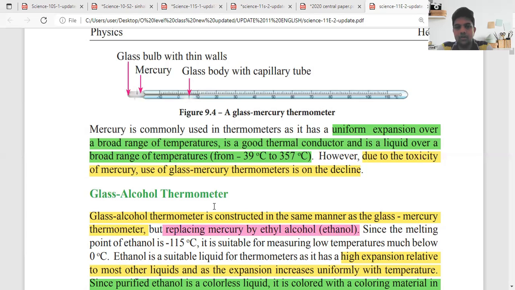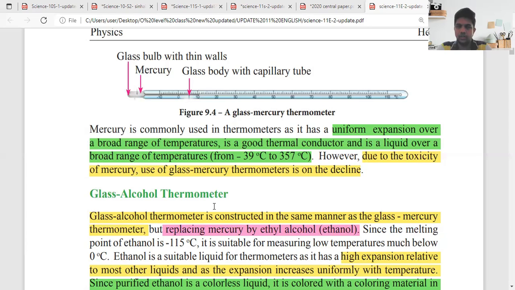Therefore, within brackets, write down that temperature range also: from minus 39 to 357. It is minus 39. Okay.